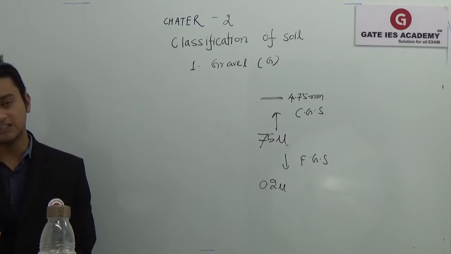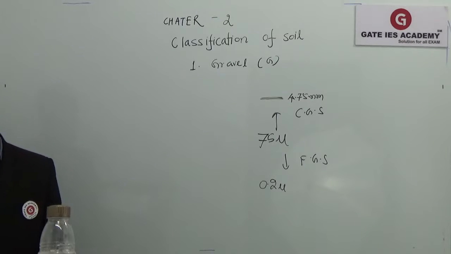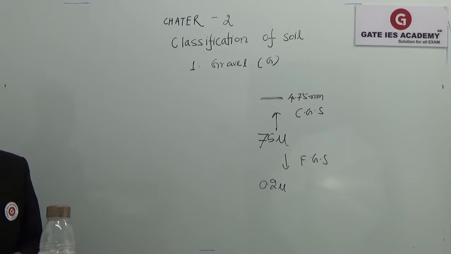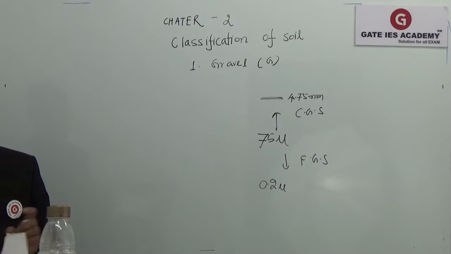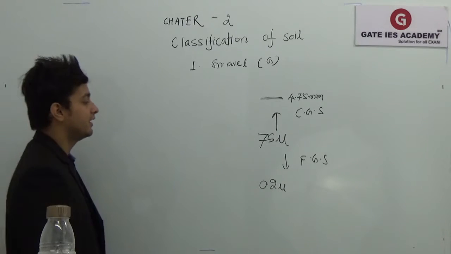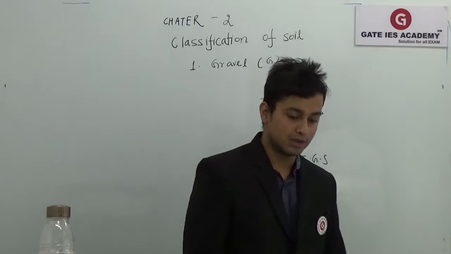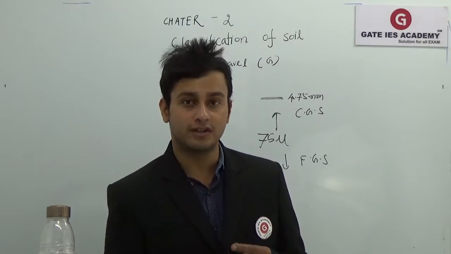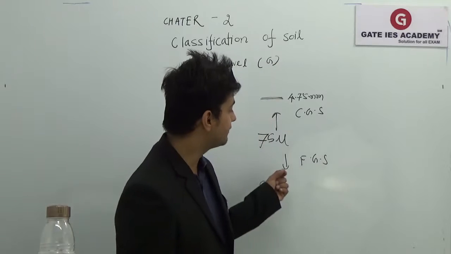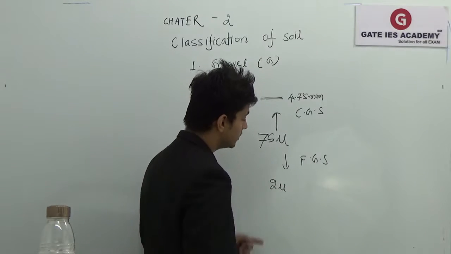The soils which we can directly see, we can directly say that it is a fine-grained soil. So basically when we are defining different types of soils, we should have their size in context. If we have the size in context, it will be very noticeable, and we can very well identify whether the soil is, this is 2 micron.